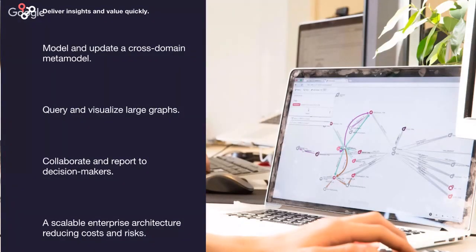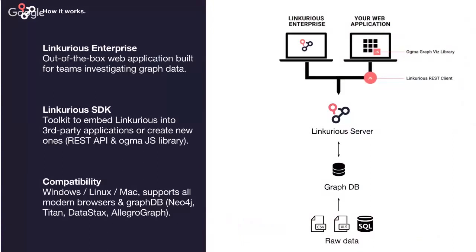So just a quick word about Linkurious' solution and how it works. Basically, as you can see on the right, our customers have data in various formats that are moved into one of the graph databases that we support, either Neo4j, DataStax, Titan, or AllegroGraph. Then you just need to connect the Linkurious server to the graph databases to use Linkurious.